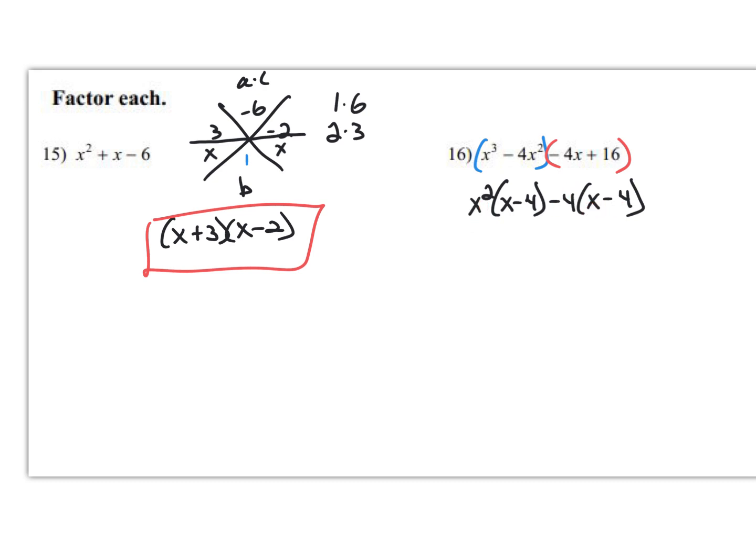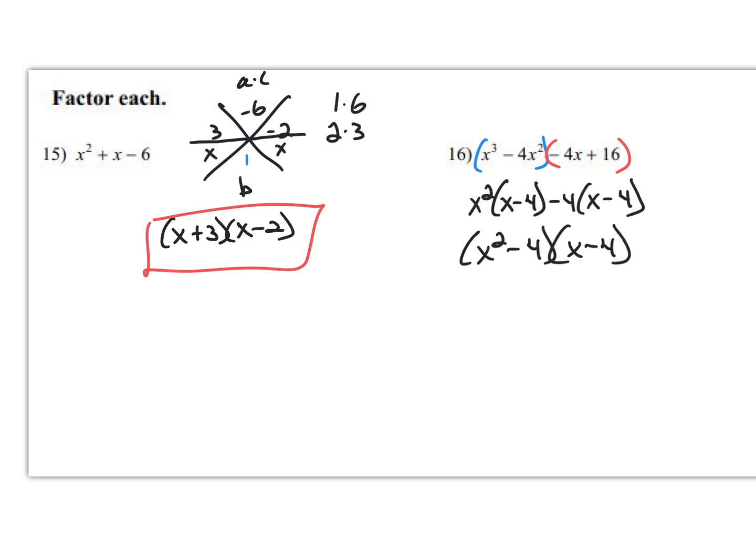So when you put your x squared and your minus 4 together in your first binomial, x squared minus 4, and then your common binomial of x minus 4 here, then you have factored it.